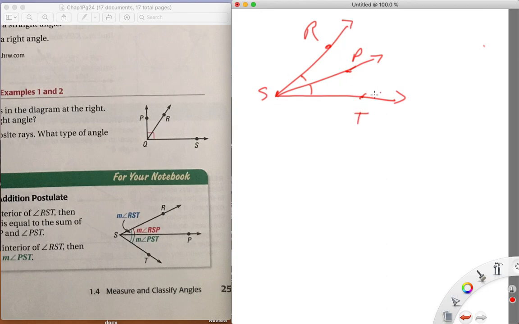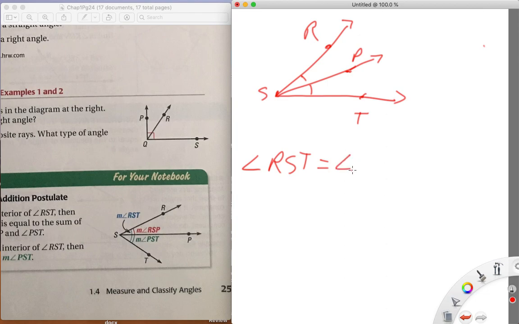So the biggest angle, the main angle, is angle RST. And what the angle addition postulate says is that the big angle is comprised of the sum of the smaller interior angles, the angles inside this particular angle.